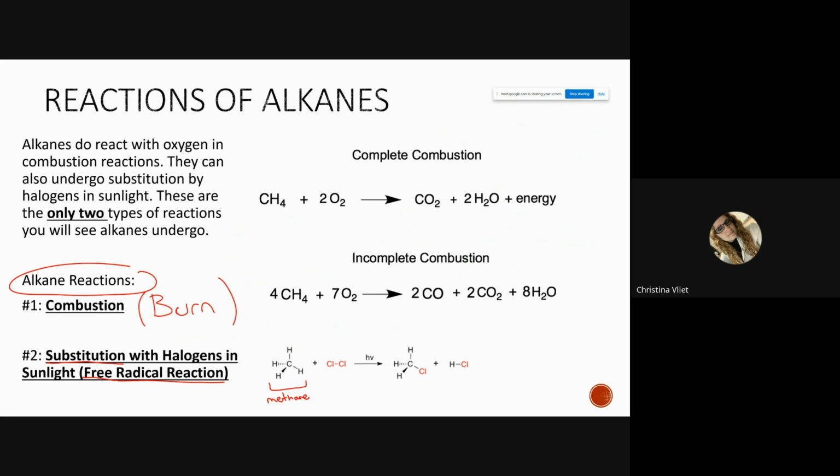What does substitution mean? Sub something out. What does a substitution mean? Replace, right? Replace a hydrogen with a chlorine.